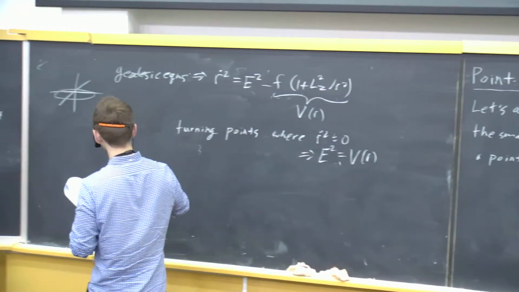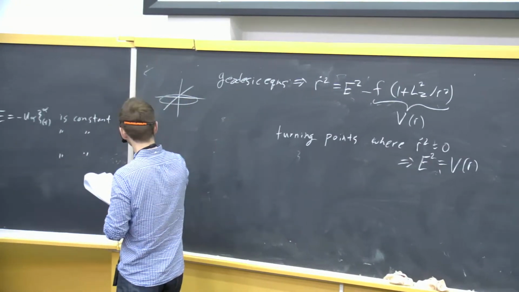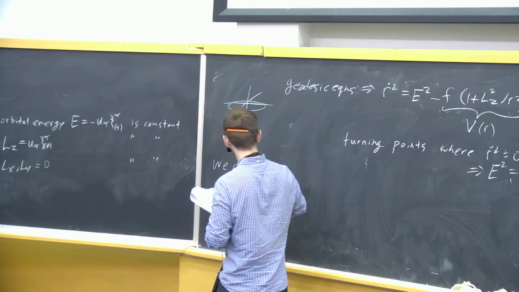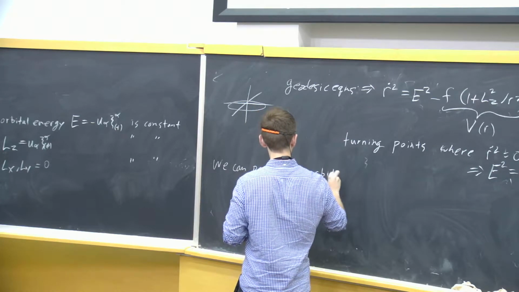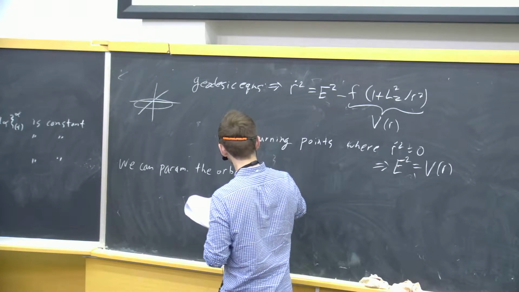So we have two turning points on the orbit, and we can parameterize the orbit using Keplerian type parameters.